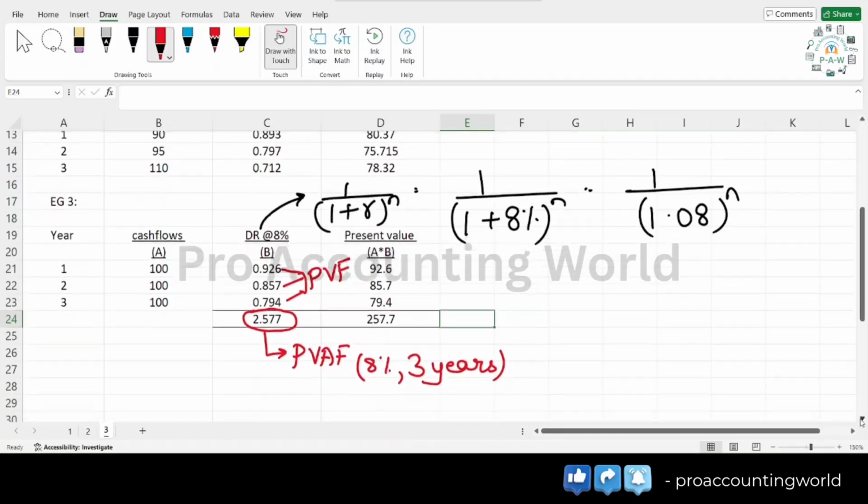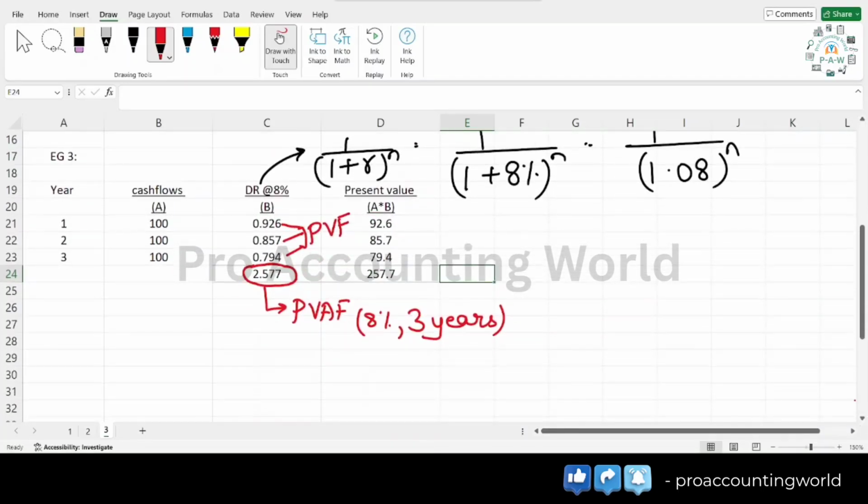Now we know guys, when our cash flows are the same over the life of the project, then we can use the concept of PVAF. So let's see how it works. How much is our cash flow? 100. Multiply with PVAF 8% 3 years.